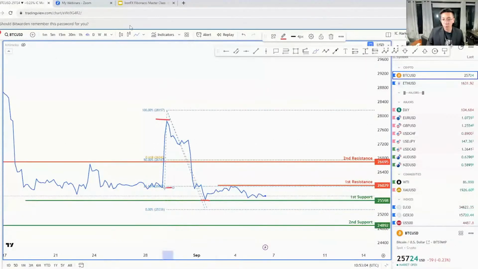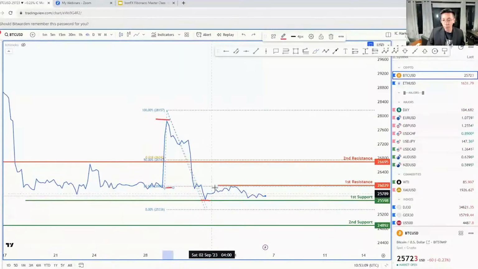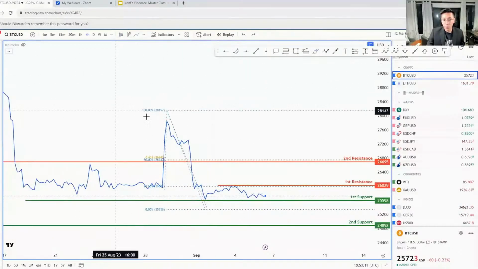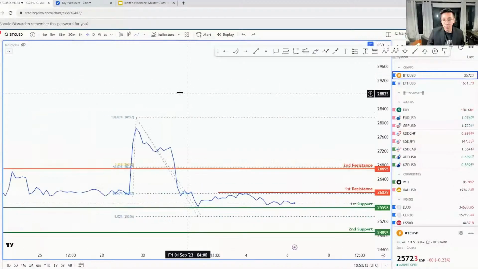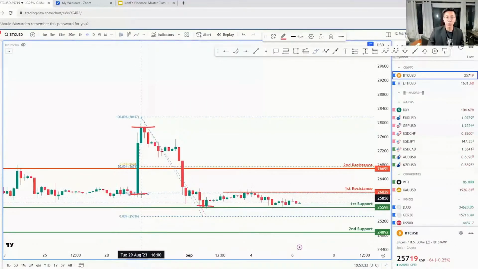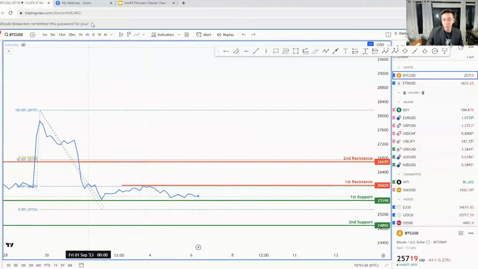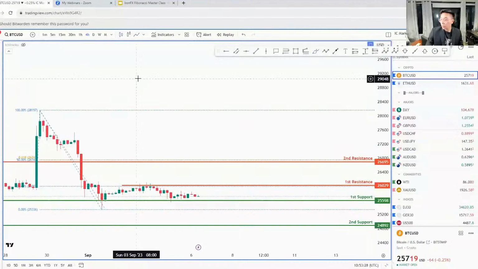So you can see very nicely. If I use the freehand tool and draw right here, right here, and right here, it will line up very nicely with the body of the candle. So this is something that you guys maybe could use.